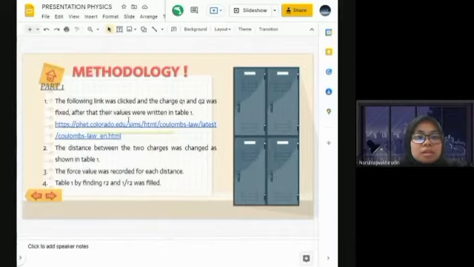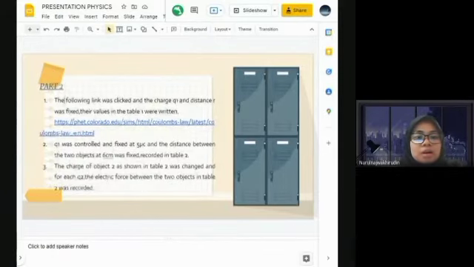After that, their values were written in table 1. Next, the distance between the two charges was changed as shown in table 1. Next, the force value was recorded for each distance. Lastly, table 1 was filled by finding R squared and 1 over R squared.